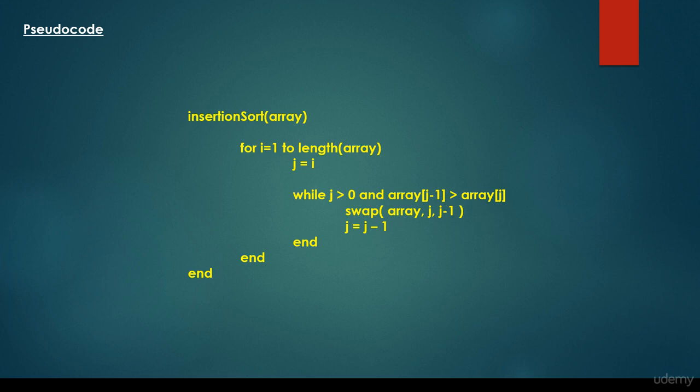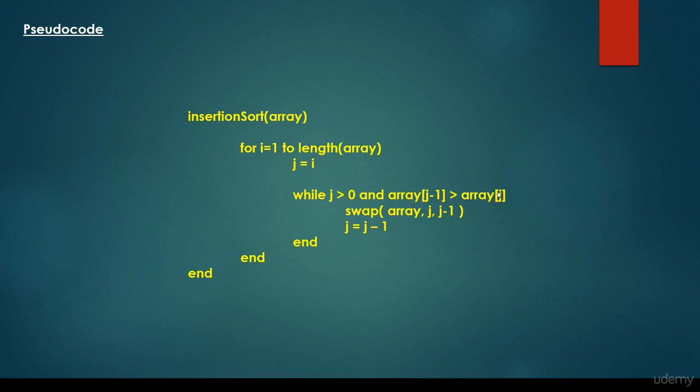Okay, so let's take a look at the source code. We have an insertion sort method with a one-dimensional array of integers, for example. We iterate through the array. We initialize the j index to be equal to i, and while the j index is greater than 0 and array[j minus 1] is greater than array[j], what does it mean?